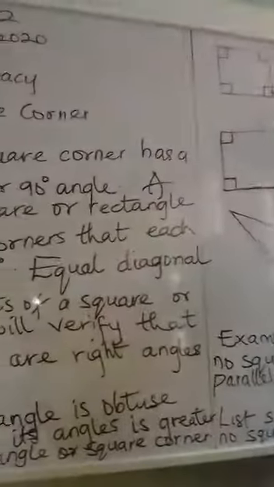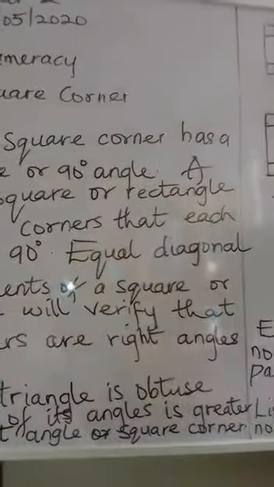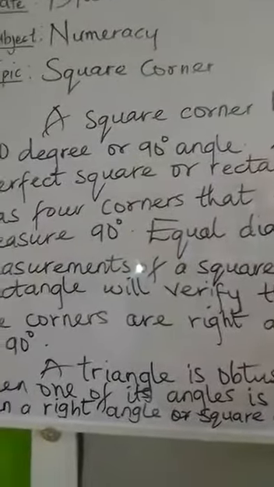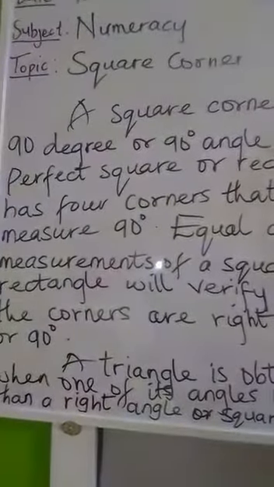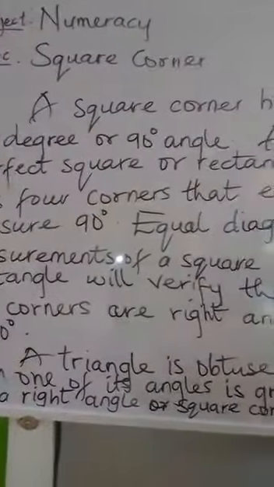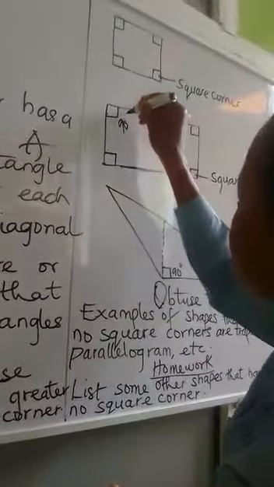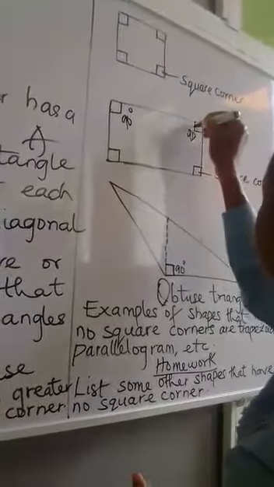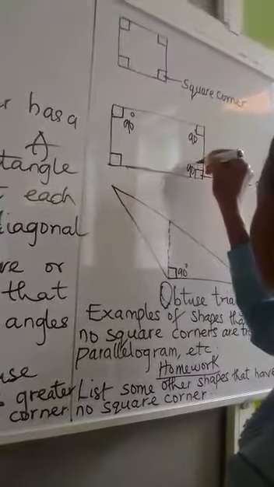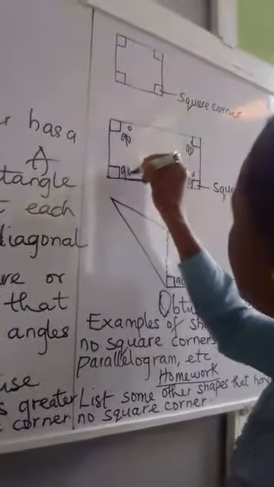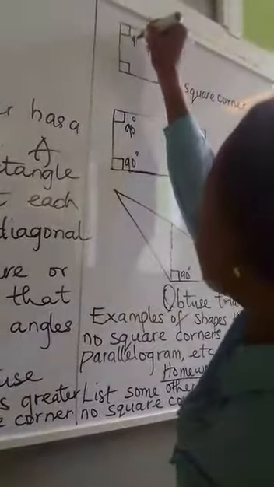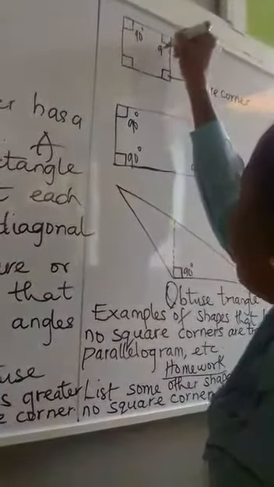It has four corners, while this also has what? Four corners that measure what? 90 degrees. Each measures 90 degrees because they are right angles.